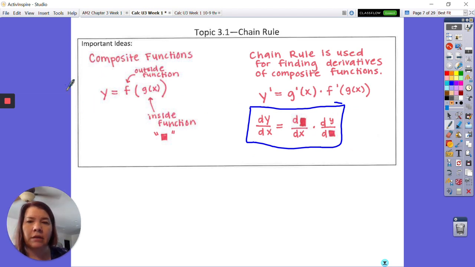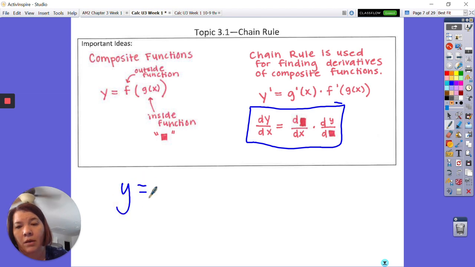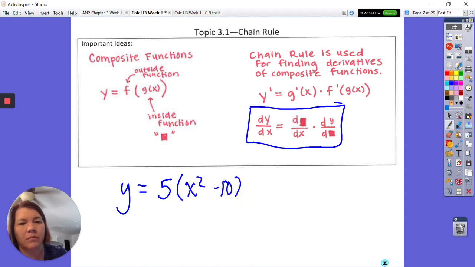If you didn't already pause it, you should have, because I'm going to start talking over you. So composite functions: inside, outside. When I say this, I take the derivative of what I see. Let's make that much cleaner.